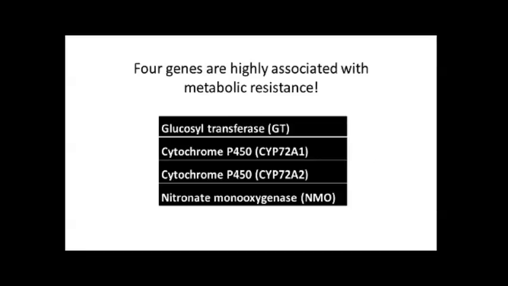Now, we are just at the beginning of discovering the resistance genes involved in metabolic resistance using next generation RNA sequencing technology. Several metabolic genes are highly associated with metabolic resistance, not only in Australian ryegrass populations, but also populations from France or other countries.